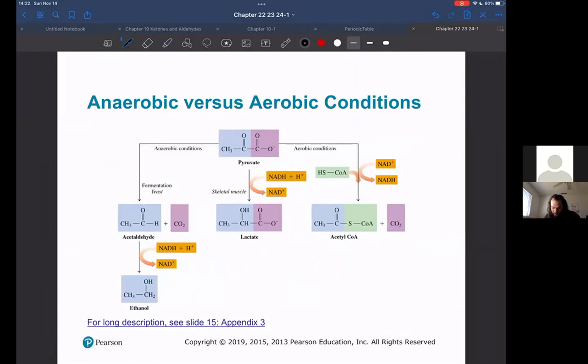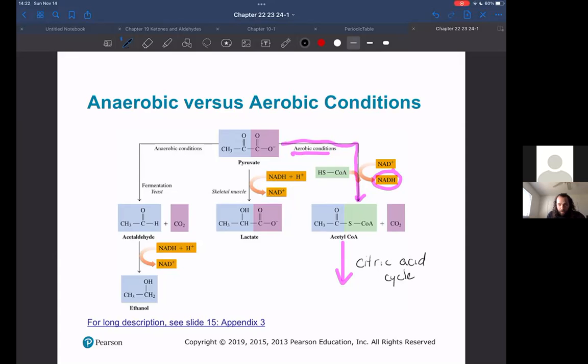Just to illustrate, this is what we discussed under aerobic conditions. Our pyruvate is converted to acetyl-CoA, and we get this extra payoff of a molecule of NADH. Again, we're going to see acetyl-CoA go on into the citric acid cycle to be turned into even more ATP.